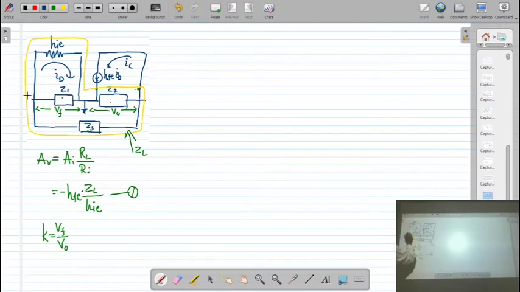Here let us say this is terminal number 1, this is terminal number 2, and this is terminal number 3. Between terminal number 2 and 3, we have Z2, so I will draw the Z2.